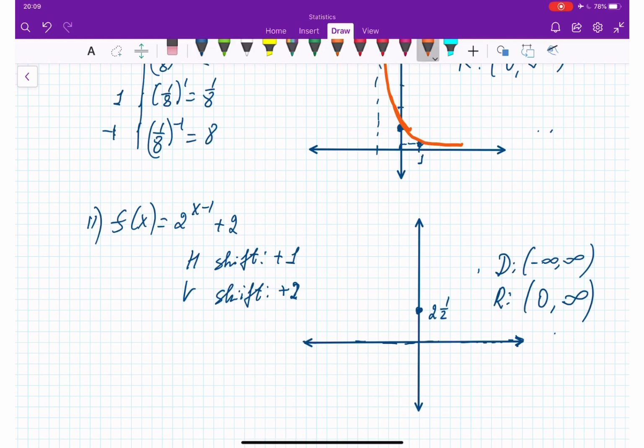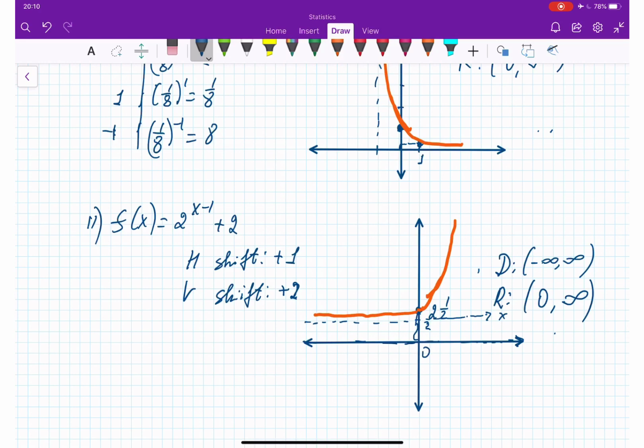Then the graph is gonna go like this, which means it's gonna run to x equal to, this is 0, this is 2. This piece is 2 and 1 over 2. So this is how the graph is gonna look.